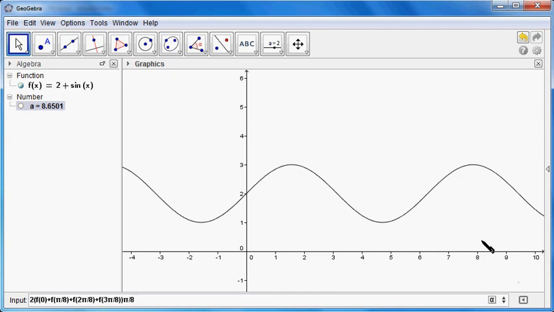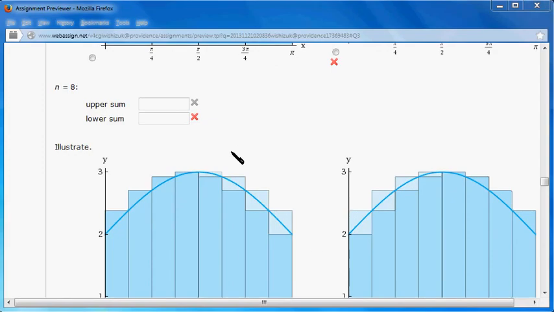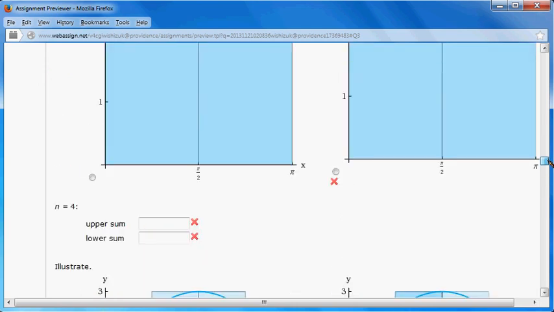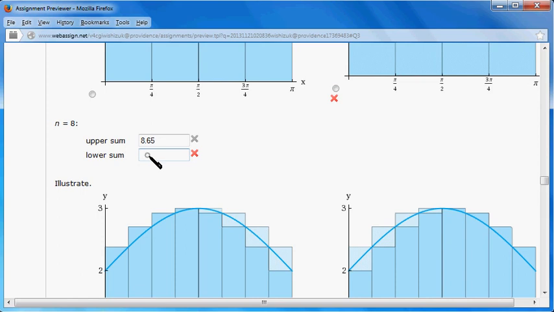Then this is going to be the lower sum. So let's type it in. The upper sum was about 8.65, and the lower sum was 7.87.